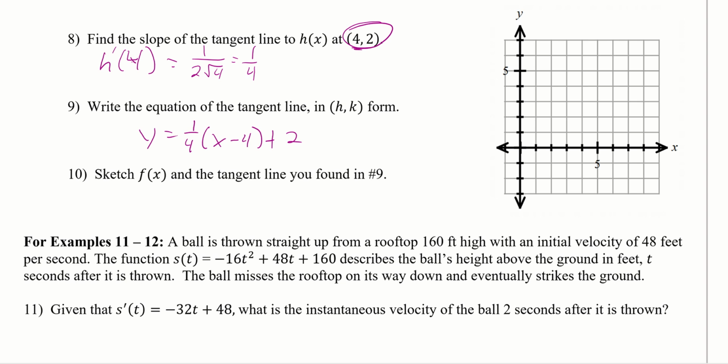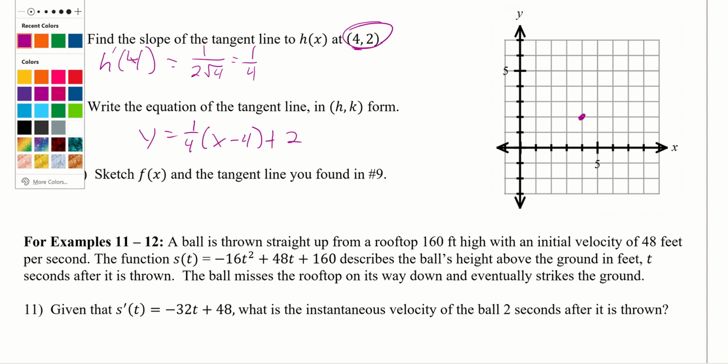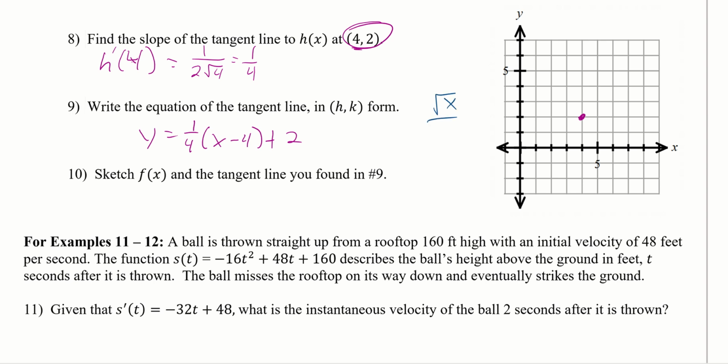It says sketch the tangent line you found in 9. So the tangent line would be at (4, 2). I'll graph in a different color. I'm going to graph square root of x in blue. So we got (0, 0), (1, 1), (4, 2).